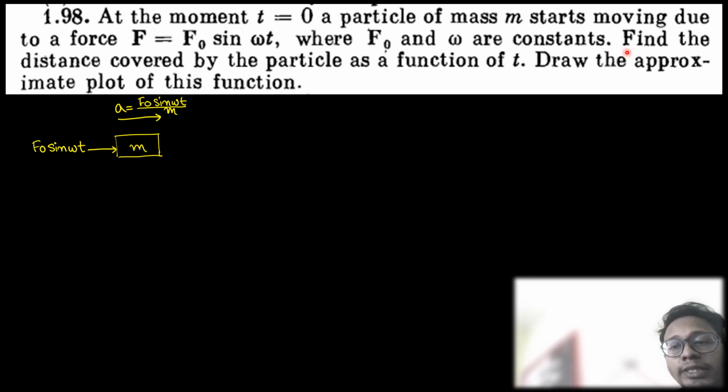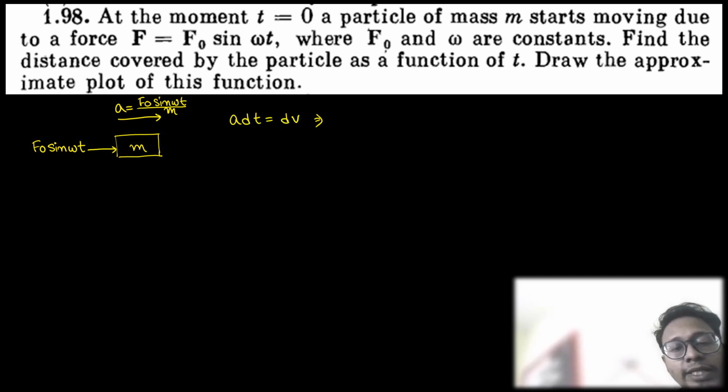Now the question is asking, find the distance covered by the particle as a function of t. So in order to find the distance, first you need to find the velocity. So we do know that a dt is equal to dv.